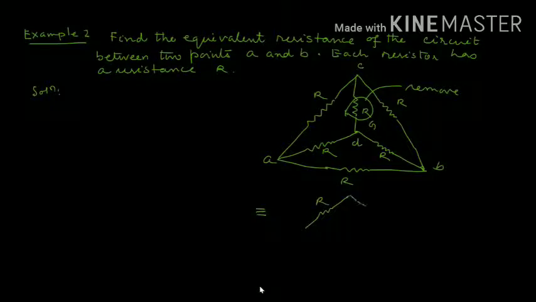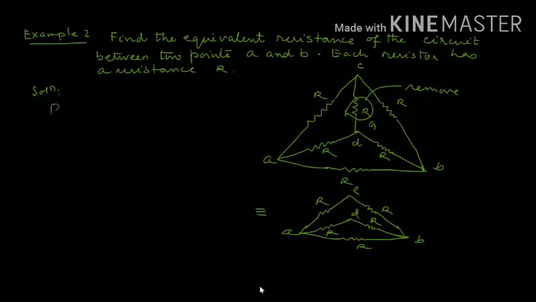This is R, this is R, R, this is R. Now the resistance along the path A, C, B is R plus R equal to 2R.